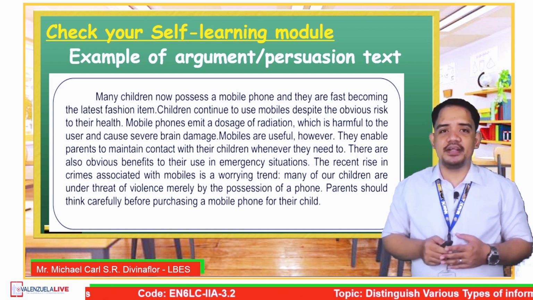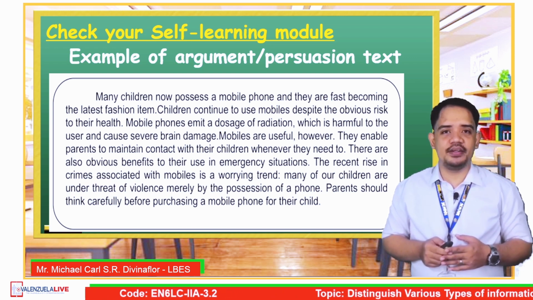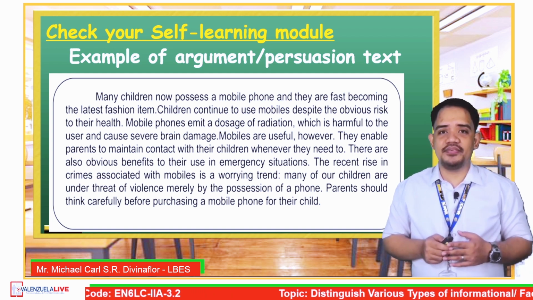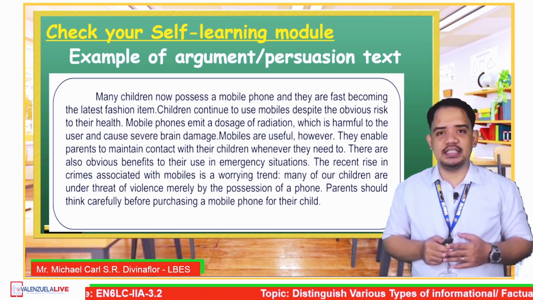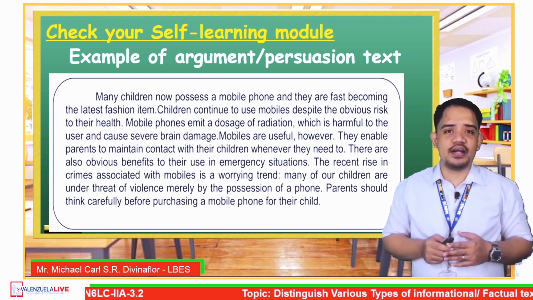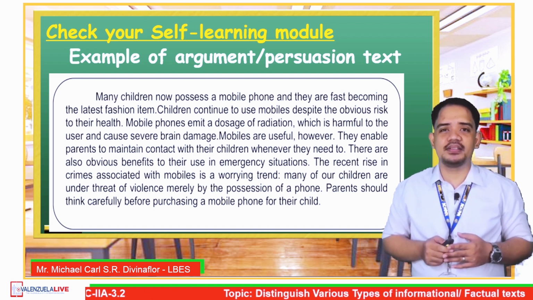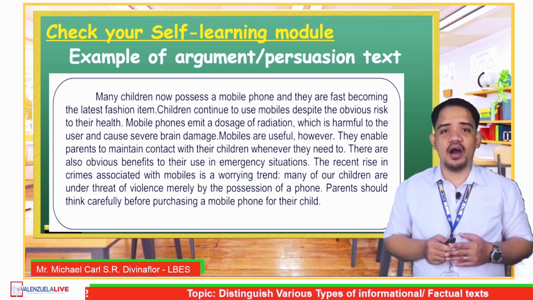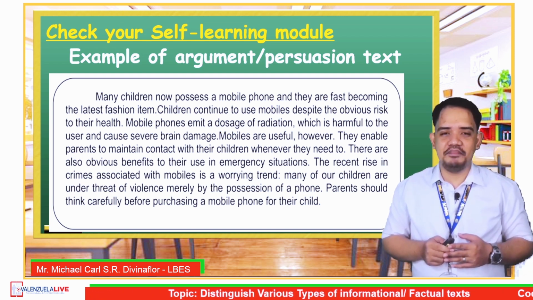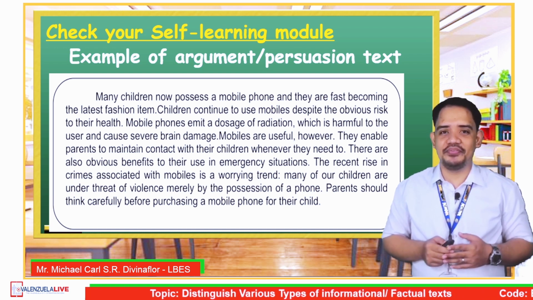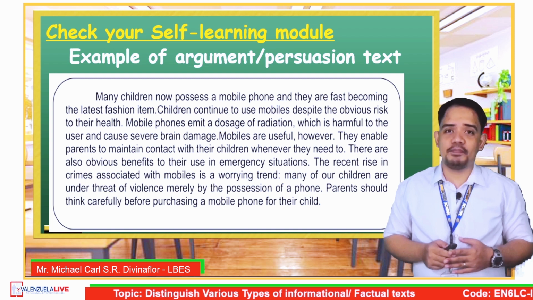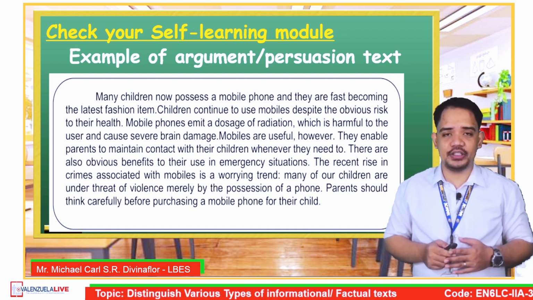They enable parents to maintain contact with their children whenever they need to. There are also obvious benefits to their use in emergencies. The recent rise in crimes associated with mobiles is a worrying trend. Many of our children are under threat of violence merely by the possession of a phone. Parents should think carefully before purchasing a mobile phone for their child.